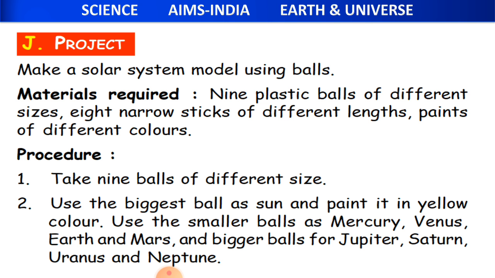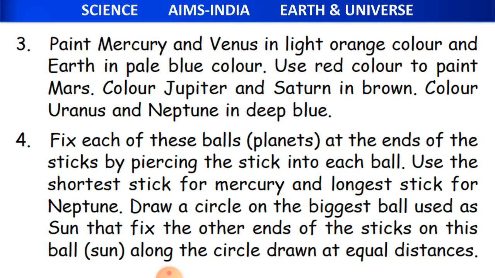Again bigger planets like Jupiter, Saturn, Uranus and Neptune. According to that you make the sizes with the balls, and then you can paint the planets, because we have already shown you how the planets are, and I will also tell you the colors of the planets in the coming exercise. You can see the planets and color them accordingly. Here also we have given you the colors.